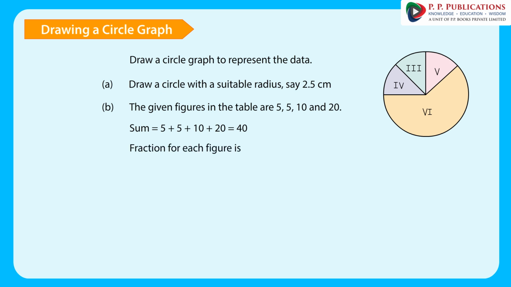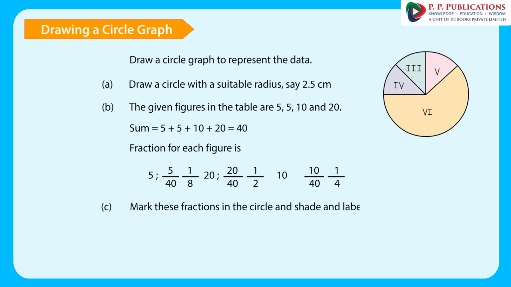Fraction for each figure is 5 by 40 equals 1 by 8. 20 by 40 equals 1 by 2. 10 by 40 equals 1 by 4. C. Mark these fractions in the circle and shade and label them. Fraction of trees planted by 4 classes.